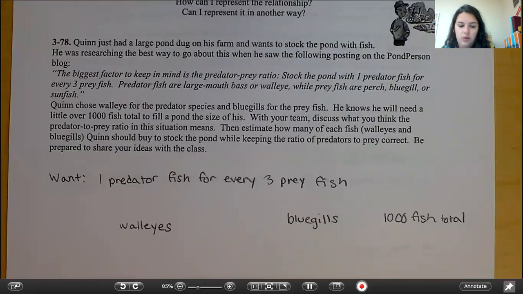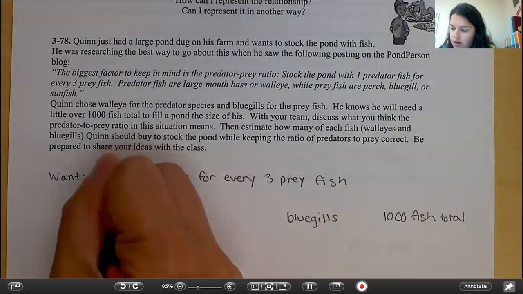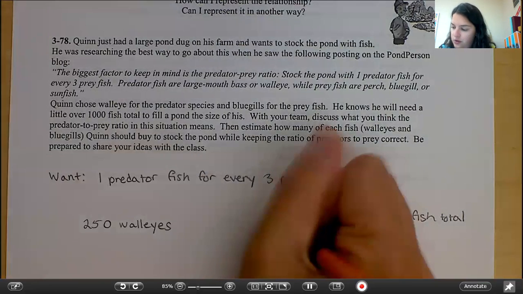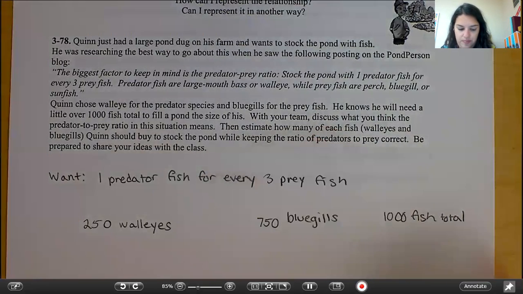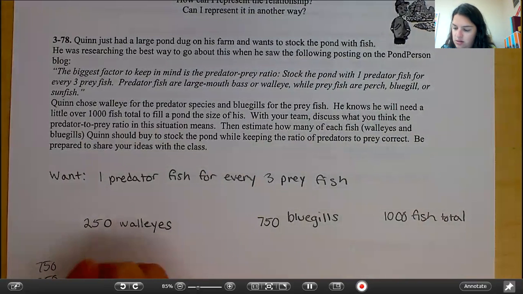So some of you may have said that you would need 250 walleyes for 750 bluegills. So 750 and 250 is 1,000.